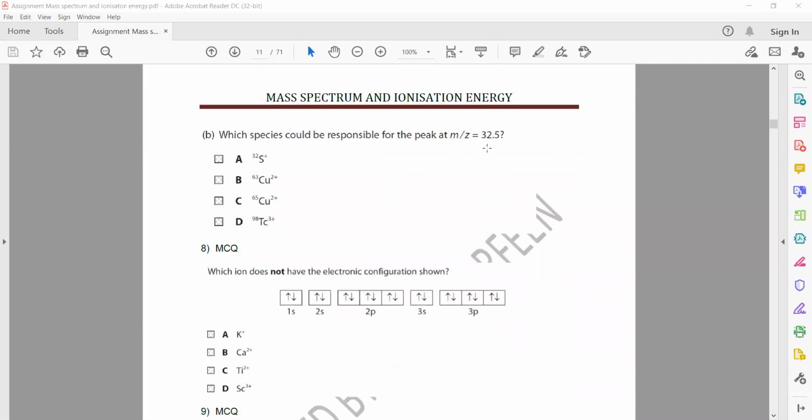Which species could be responsible for a peak at 32.5? For sulfur, sulfur is 32. So 32 divided by charge plus 1, we'll get 32. For copper, 63 with a charge plus 2, so 63 divided by 2, it will be 31.5. For copper, 65 divided by 2 plus, that is 32.5.